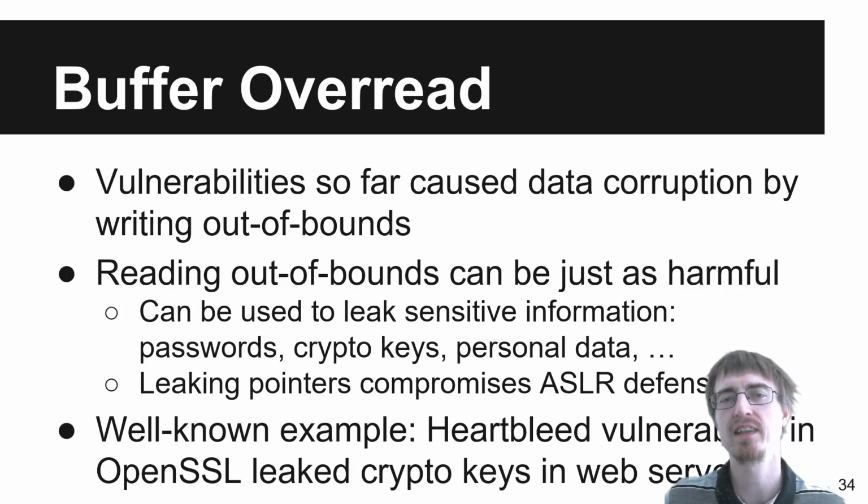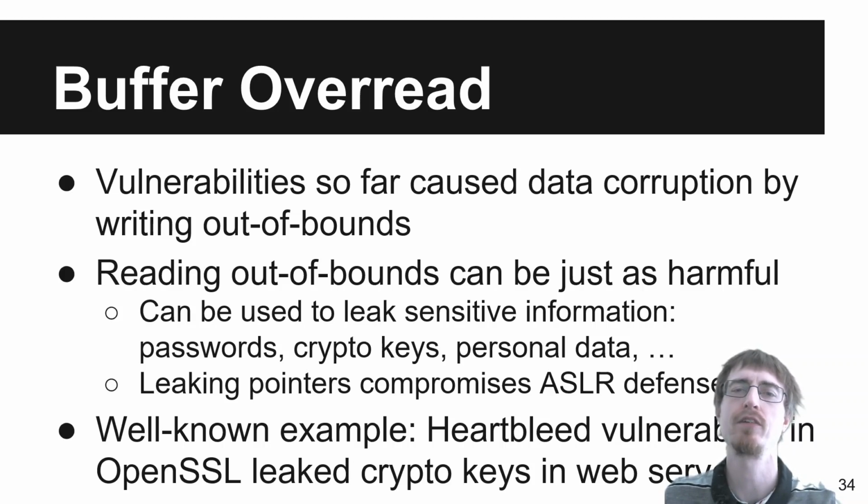Moreover, during the defenses, we will discuss ASLR, address space layout randomization, which requires pointers to be hidden. It's very likely that any out-of-bounds read will be able to leak a pointer, which breaks the ASLR defense. Moreover, there are plenty of important vulnerabilities.